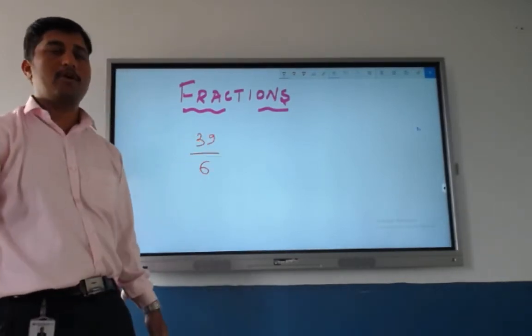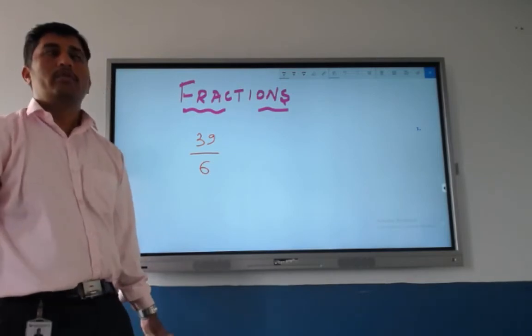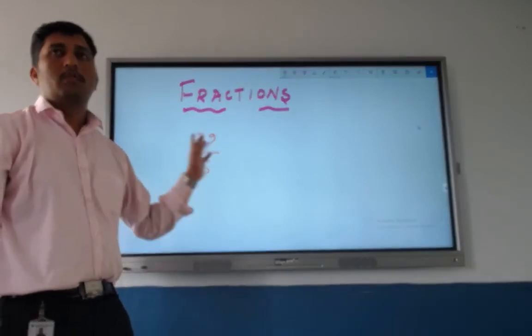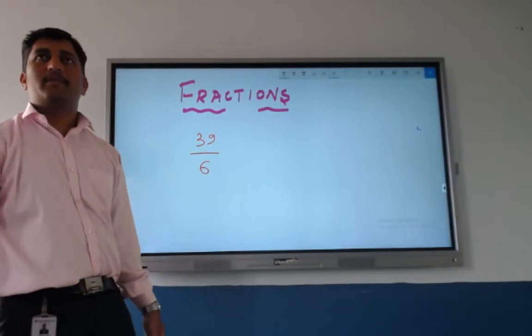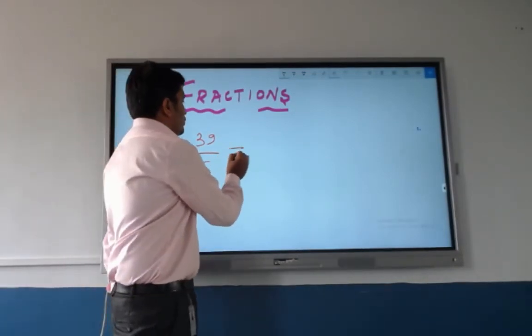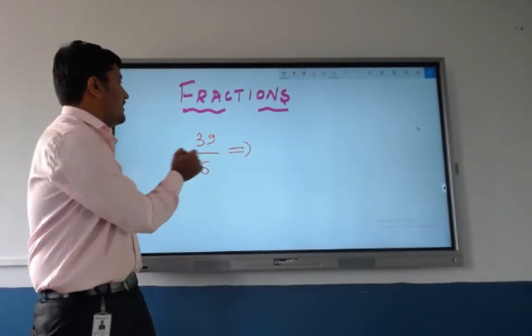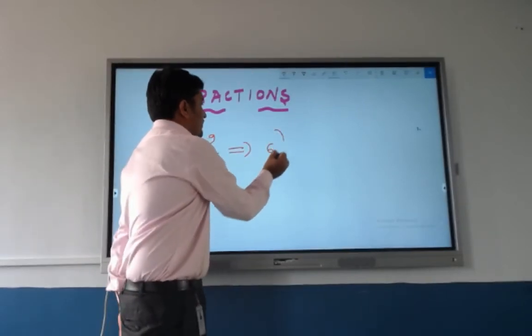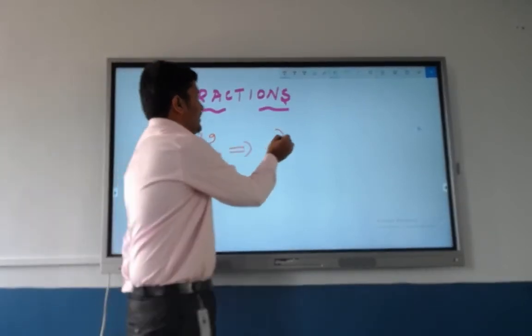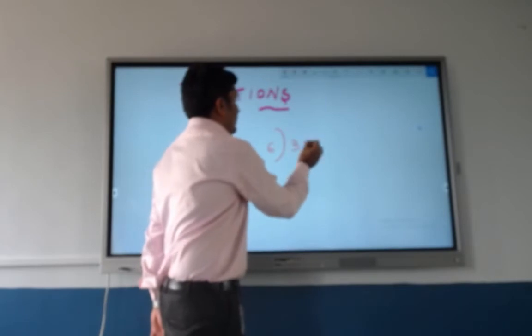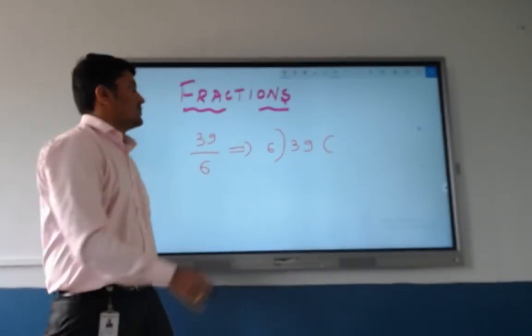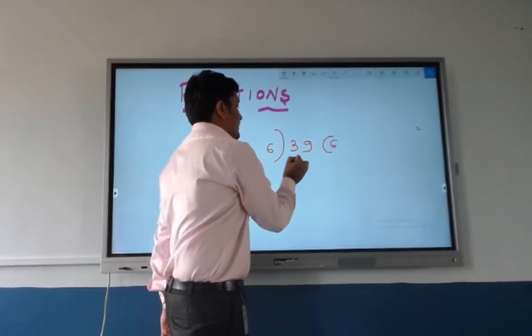This is an improper fraction. Now we have to convert this into a mixed fraction. Again we use the same division method. The down number is always the divisor, that is 6 divided into 39. So take 39 here. Now 6 sixes are 36.